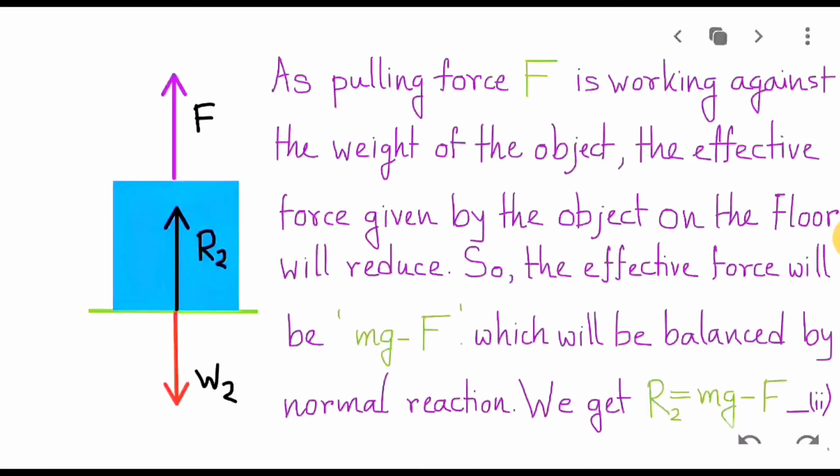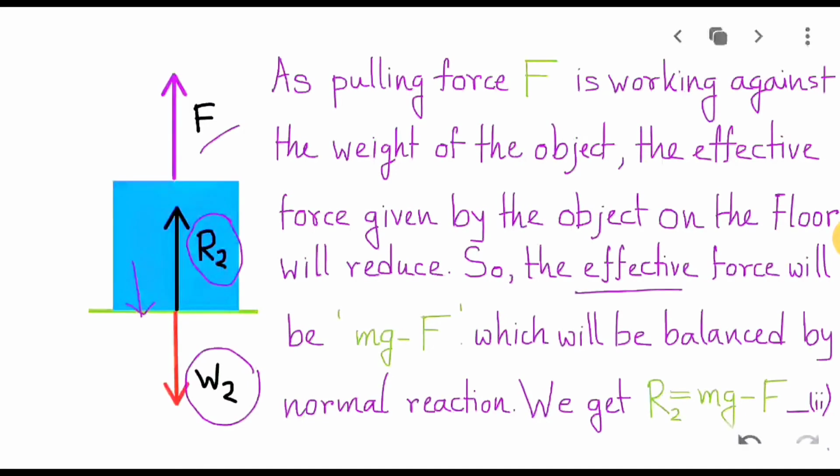In the second case, we have the block resting on the floor, but in this case, another force F is working upward against the weight of the body. Because of that, the resultant force given by the block on the floor will be reduced. As a result, the normal reaction given by the floor to the block, that is R sub 2, will also be reduced.